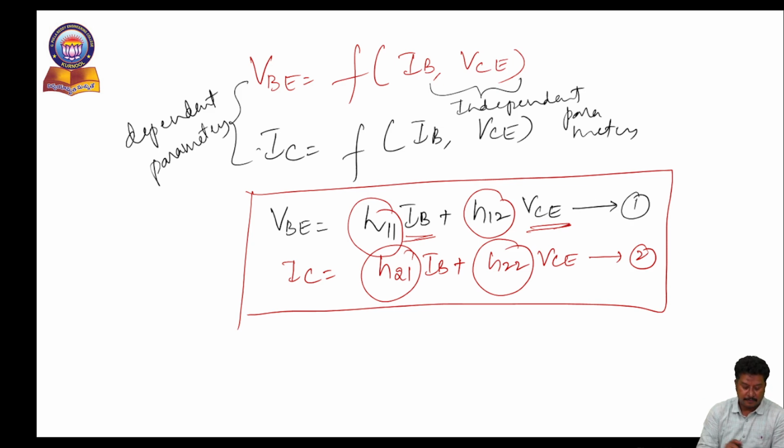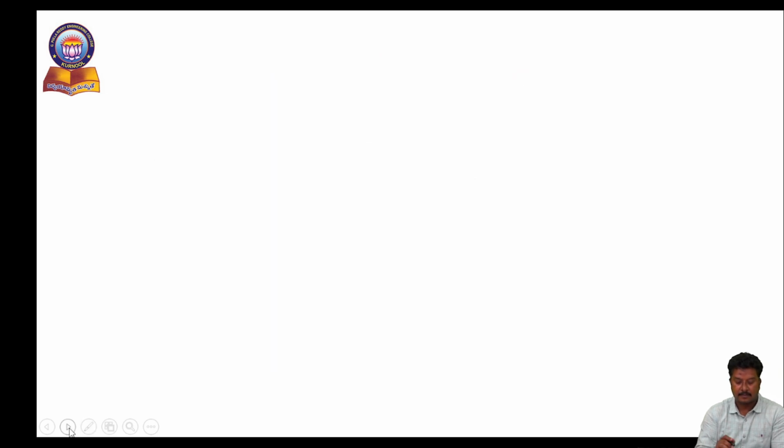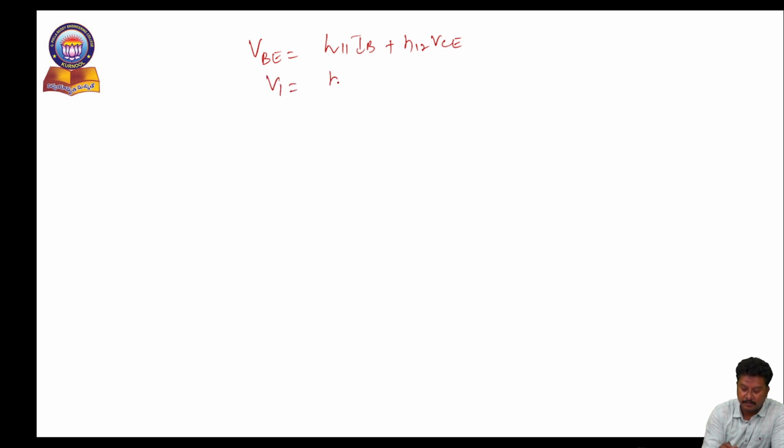Okay, now from this we will try to frame. Once again, I am writing that equation, that VBE is equal to H11 IB plus H12 VCE. This is with respect to the common emitter configuration, and with respect to the two-port network also we can consider V1 is equal to H11 I1 plus H12 V2, the second equation.